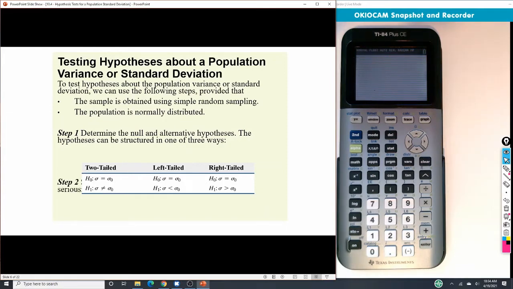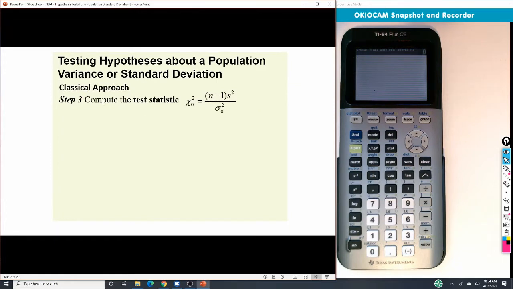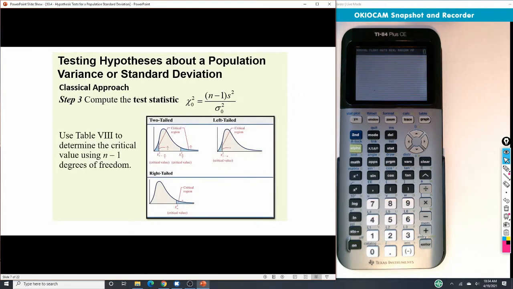Okay. So the first thing is we need to compute our test statistic and see what we're up against here. And then we're going to compare that to our critical value, paying attention to whether it is left-tailed, right-tailed, or two-tailed.